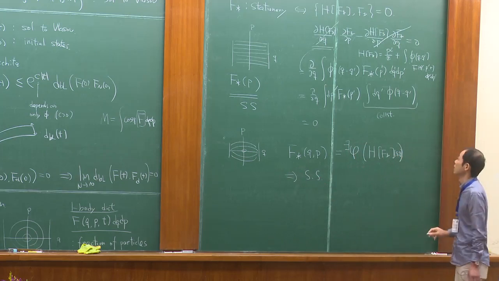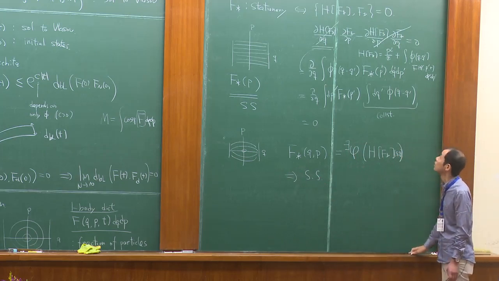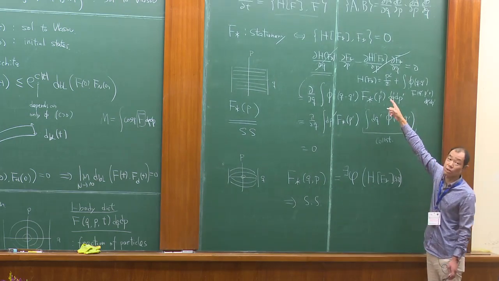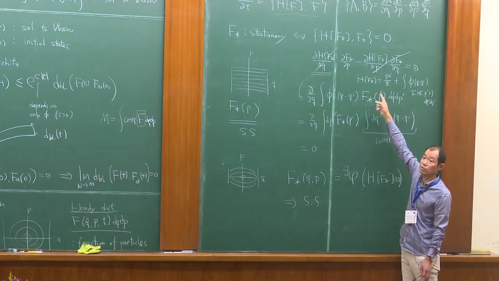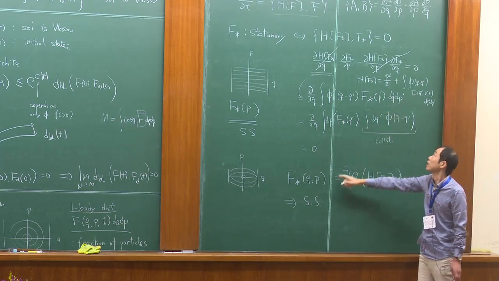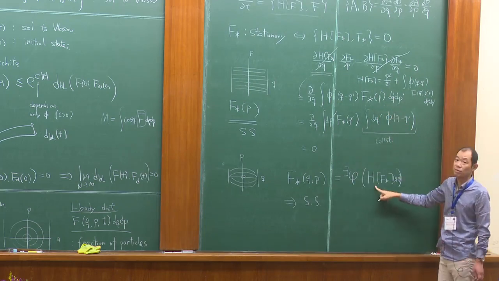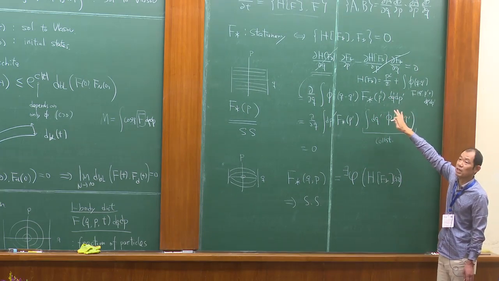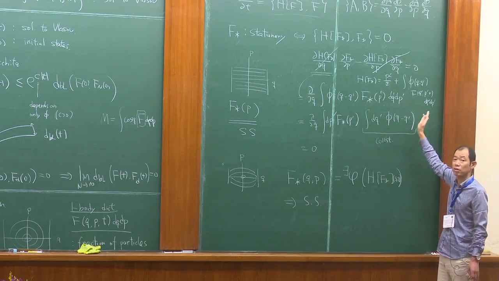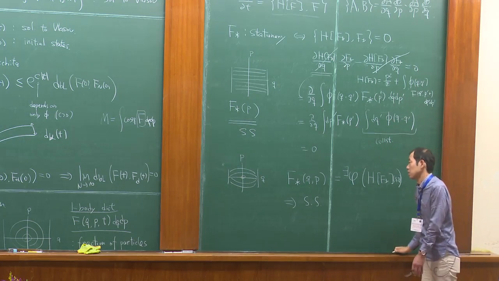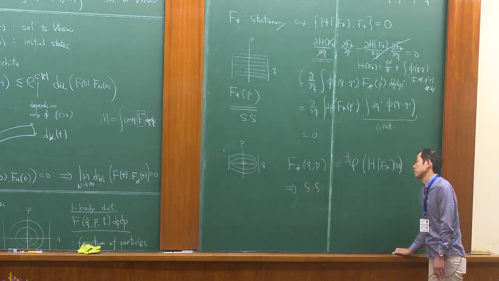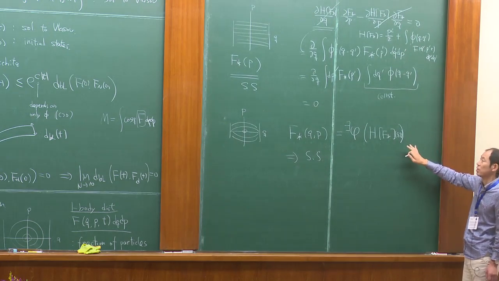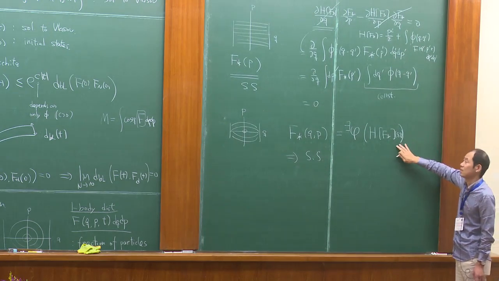Why? It's very clear. The condition of the stationary state is that the Poisson bracket of H and F star vanishes. Now F star is a function of H, and the Poisson bracket of H and a function of H is 0. Of course, to get the concrete stationary state, we have to solve this equation.